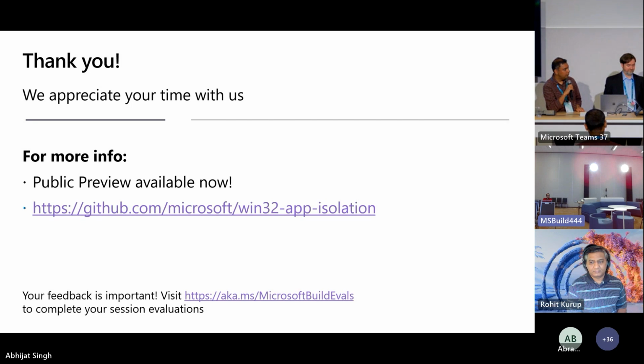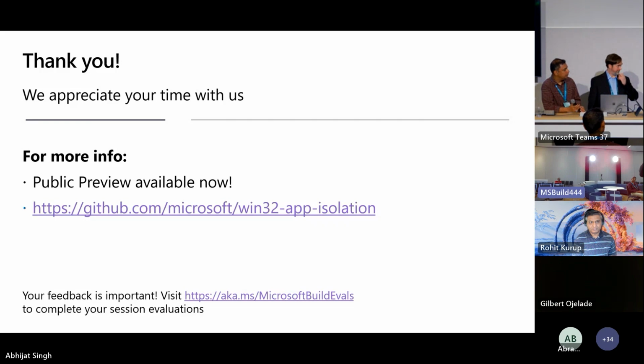There is one question on the chat, pretty interesting. Luke is asking, will the operating system handle apps which don't opt into app isolation? So in other words, how will the OS readjust itself for any application which is not opted into Win32 app isolation?